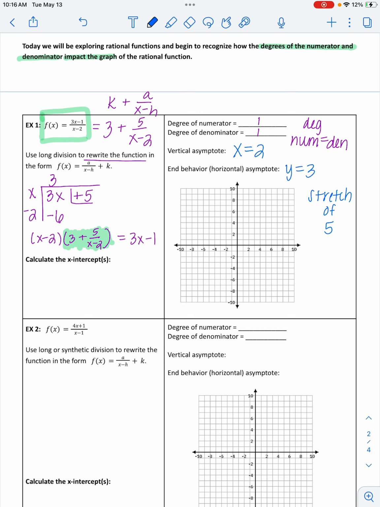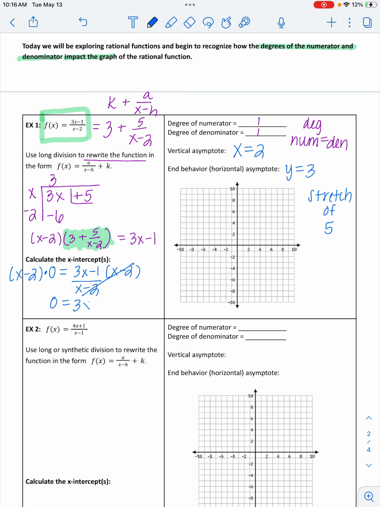You also can calculate the x-intercept on the left-hand side, which I will do before I graph it. So remember, anytime you need to calculate an x-intercept, substitute y for 0, and then 3x minus 1 divided by x minus 2. Now the reason I'm using the original rational function instead of the transformation form is because when I have divided by x minus 2 and I need to multiply both sides by x minus 2, that's going to make that divide out, and then 0 times anything is just 0.